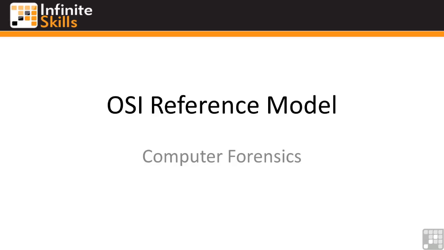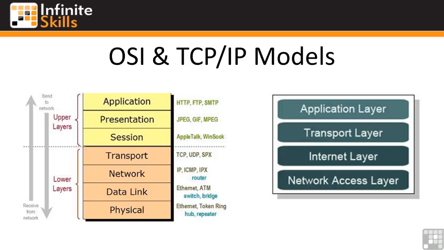Understanding the OSI reference model sometimes helps you understand better what's happening with network communications, and it also provides you a bit of a shorthand when talking about specific pieces of the network transmission and different network protocols.